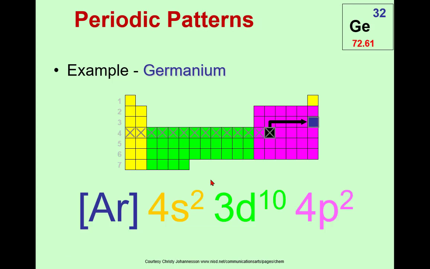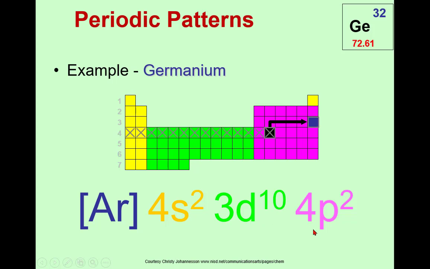For example, we have germanium here. Germanium is an example of a p block element, as you see, germanium is present here. So let's see, we have to write its electronic configuration. Germanium belongs to the 4th period.